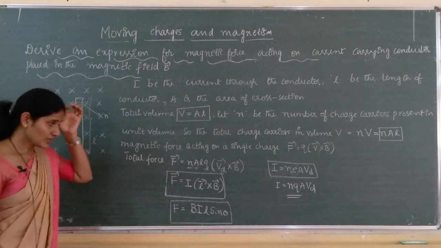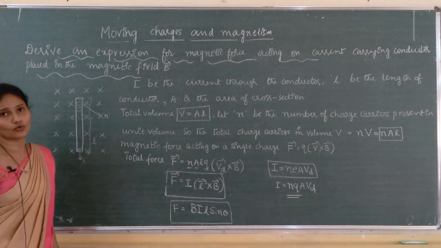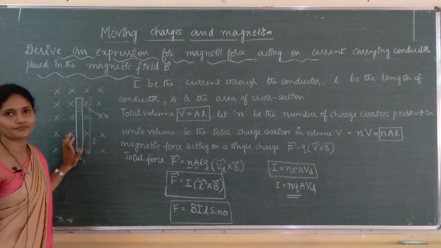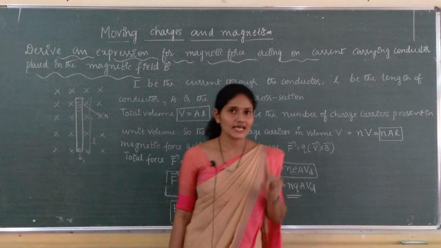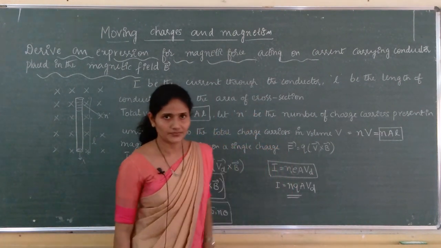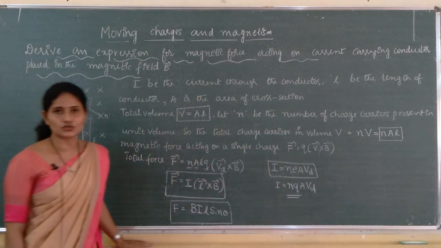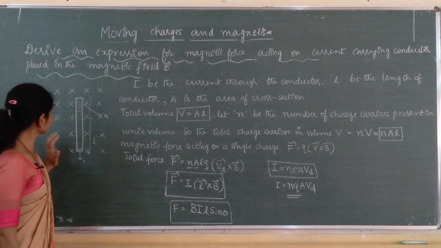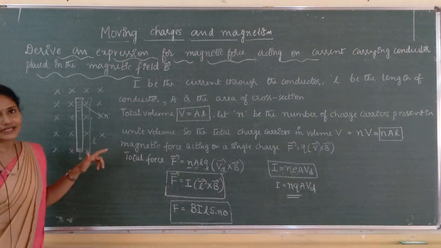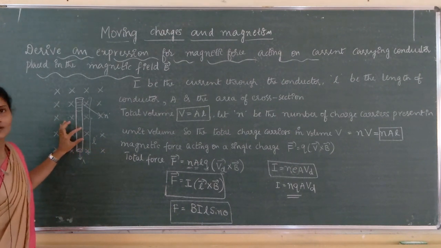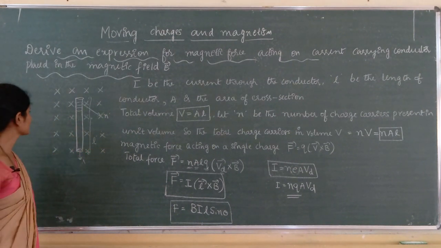Now, let us see what is the direction of force acting on this conductor. For that, you have to use Fleming's left hand rule. Using Fleming's left hand rule, we can give the direction of magnetic force acting on this conductor.